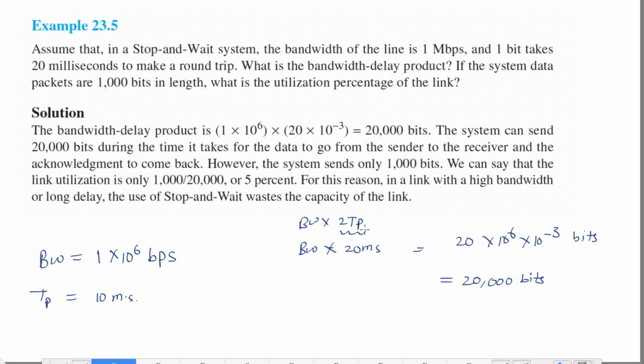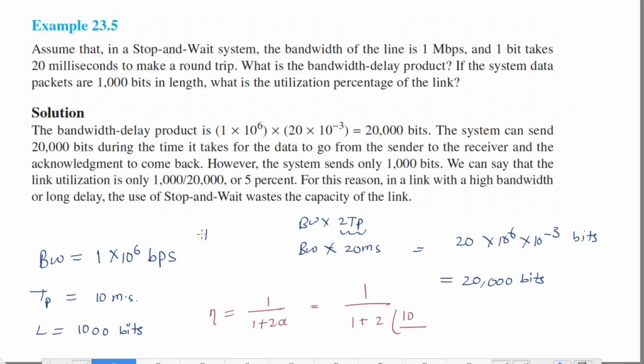If the data packets are 1000 bits in length, so length is also given for the data packets, which is 1000 bits. Then what is the utilization they are asking? If you remember, the formula for the utilization in stop and wait, the efficiency, is 1 upon 1 plus 2a, which means 1 upon 1 plus 2 into propagation time upon transmission time. Propagation time is 10 milliseconds. And what is the transmission time?